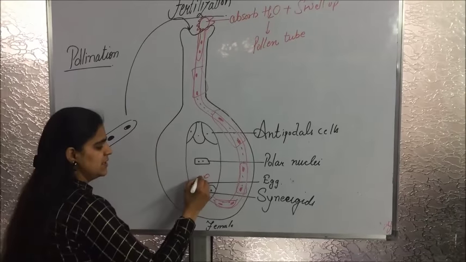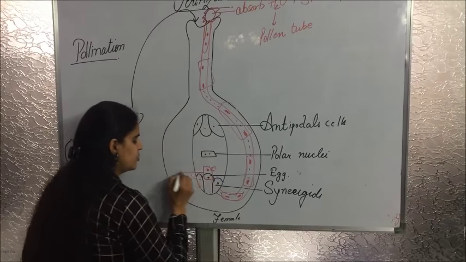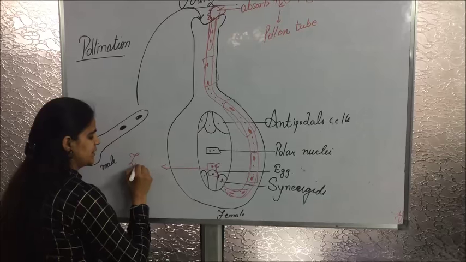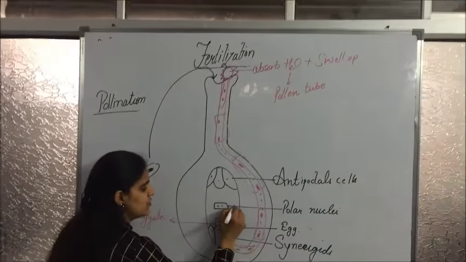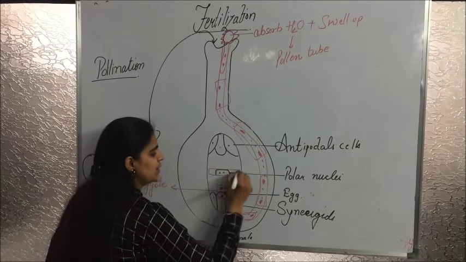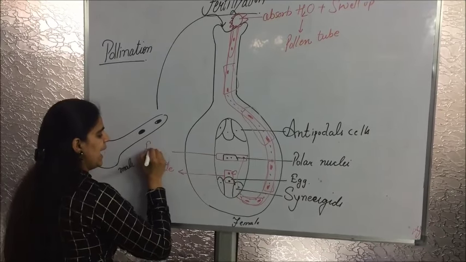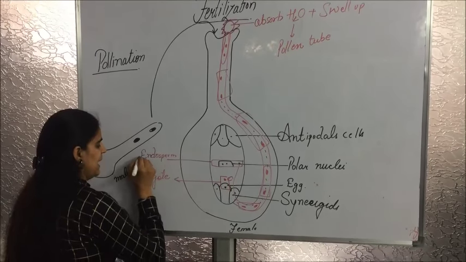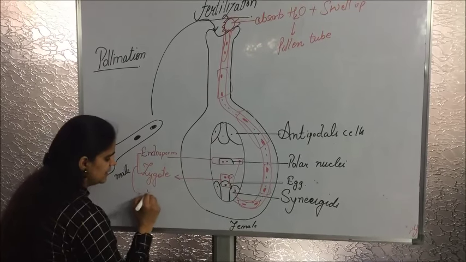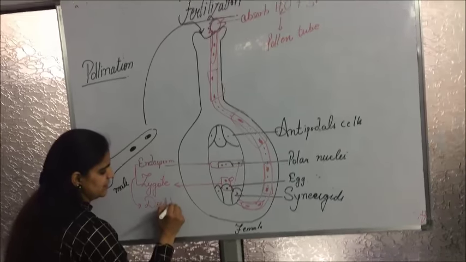One male gamete fuses with the egg to form the zygote, and the other male gamete fuses with the polar nuclei and forms endosperm, and these both together form double fertilization.